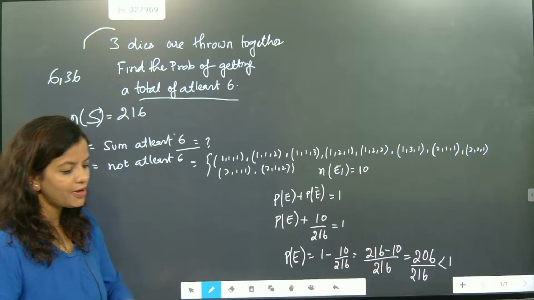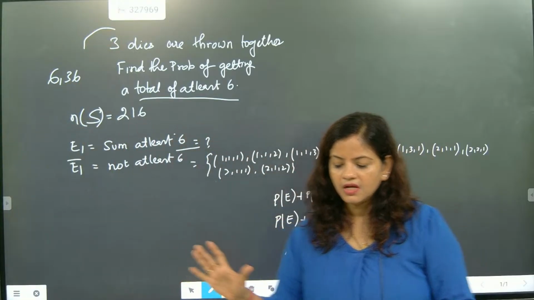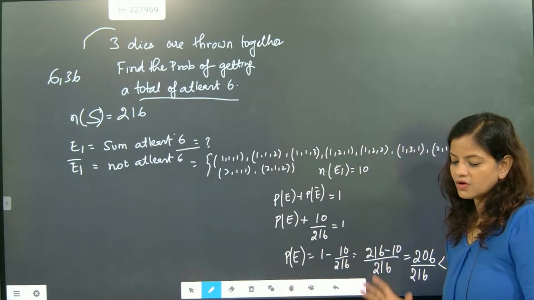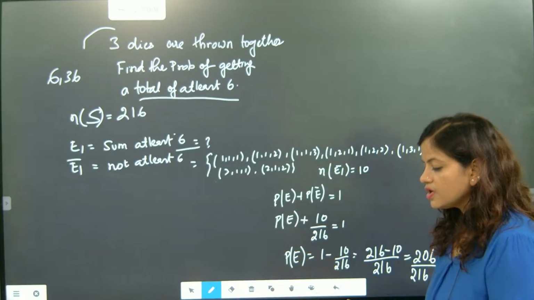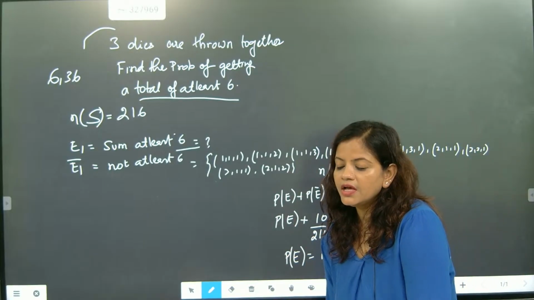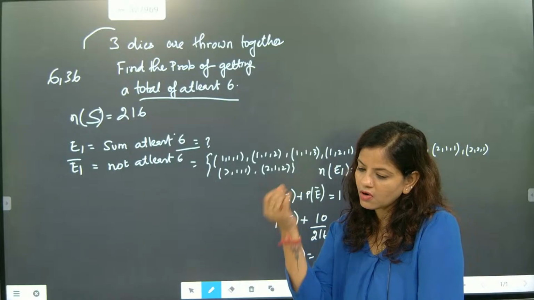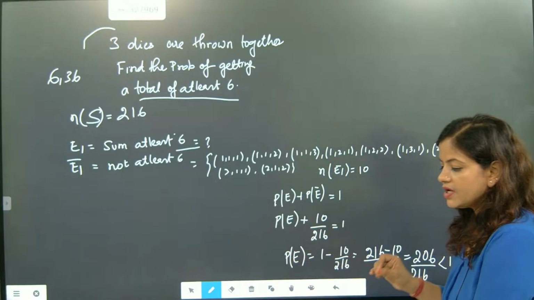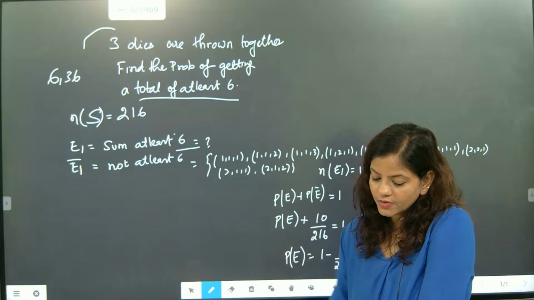I think in probability we have reached a point where we understand that these are the types of questions we have to solve. But there are more complicated questions. In two to three more classes of probability, we will do complicated questions, some where combination is needed and some where permutation is there.